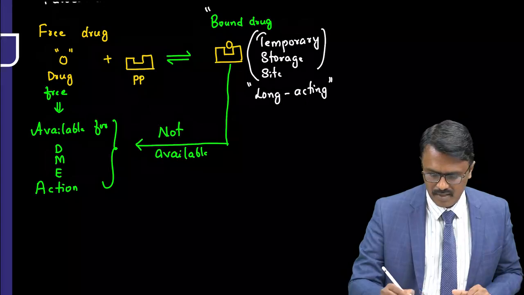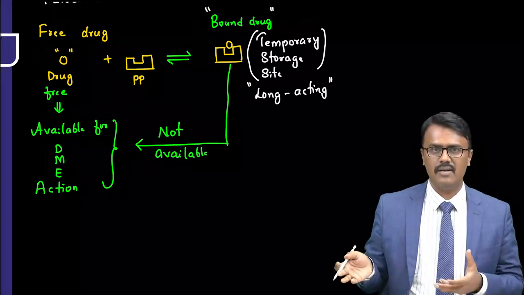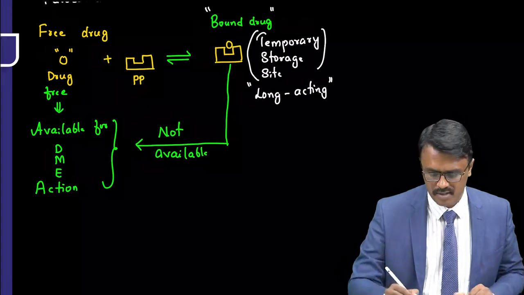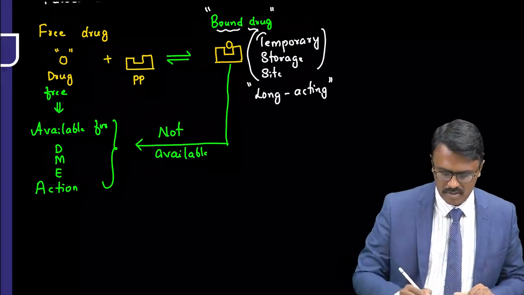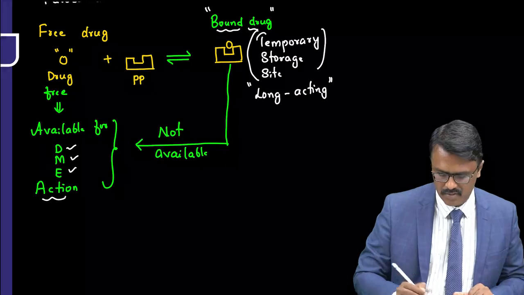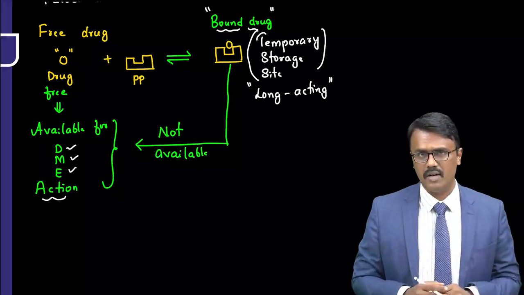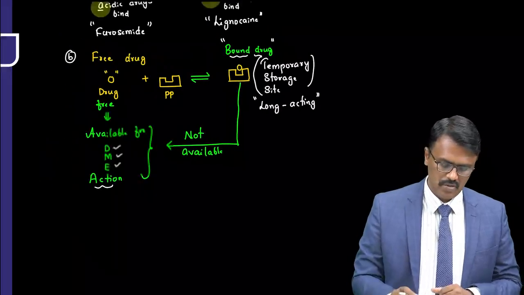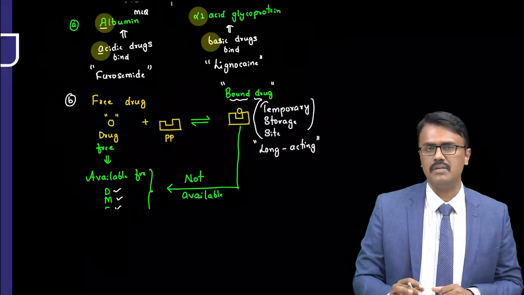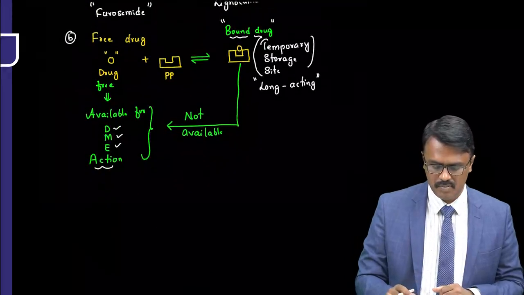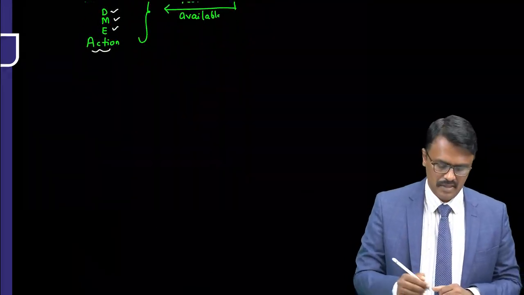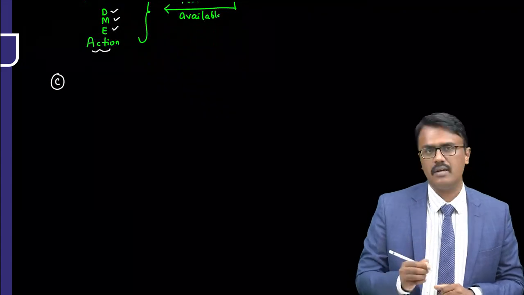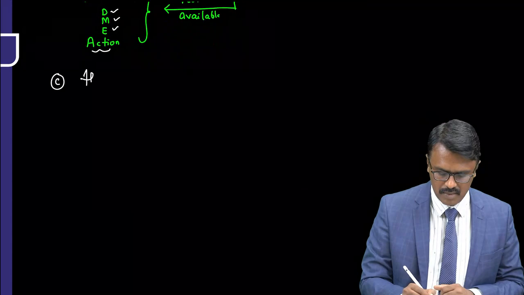So keeping it in the bank used to make the money last longer. Similarly, if the drug is bound, it is not available for distribution, metabolism, excretion, or action. So it usually makes the drug longer acting. So we understood the first thing, that is albumin, alpha 1 acid glycoprotein, then free drug and bound drug differences. The next thing is there are certain drugs which are highly plasma protein bound drugs.